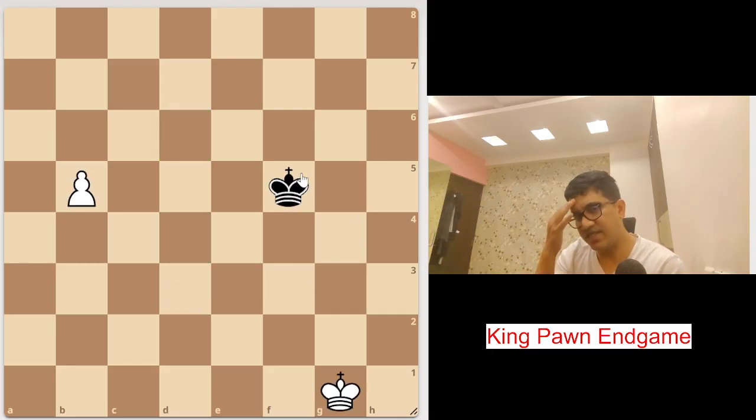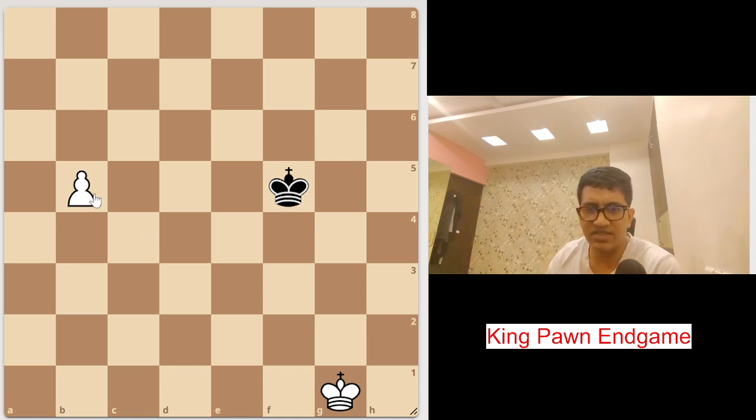The key idea here: let's suppose you're in a king and pawn ending, and your king is far from your pawn. Now how can we promote? At the end you mostly won't have enough time to calculate, like if the pawn moves here, your king goes here, and it's very difficult to calculate in that position. How can you easily calculate this?